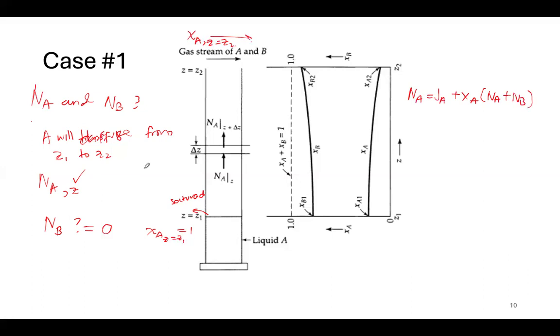Now we have N_A, but we don't have N_B, so we can say this term is equal to 0. Then you can try to simplify like that, and then we can move this term to the other side to make it easier.